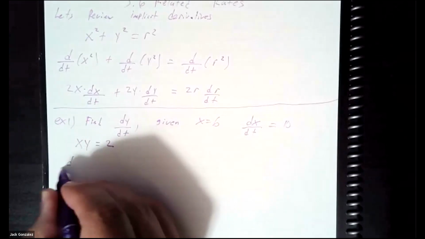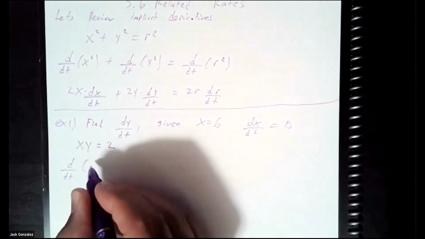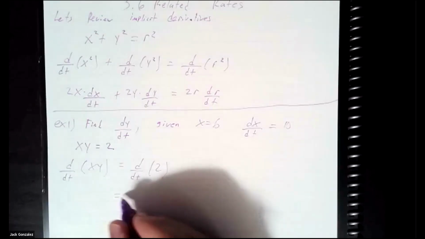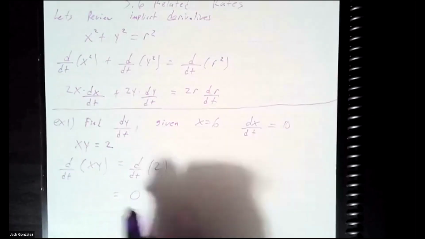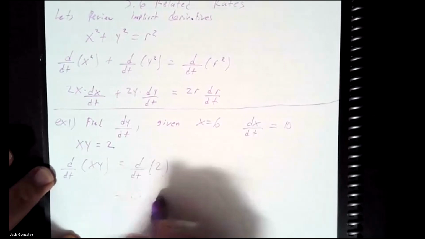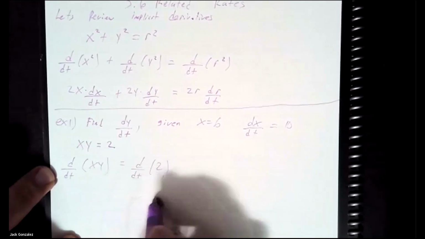Okay, so if you want dy dt, that means we're going to have to take the derivative with respect to time of both sides. The derivative of a constant is 0 every single time. Although I'm going to need more space, let's do that part last.